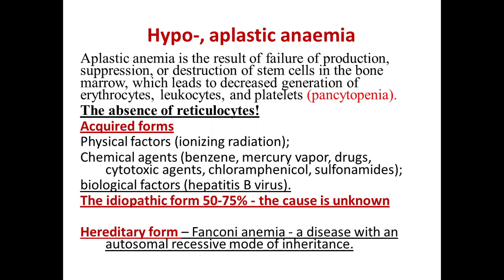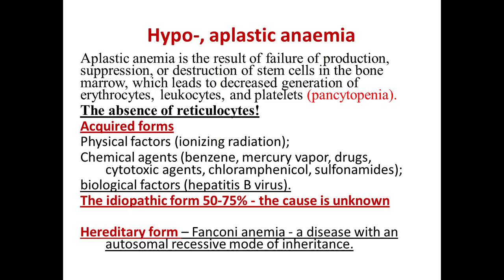So we can find that in this type of anemia, not only erythrocytes are decreased, but also leukocytes and platelets. And this state we call pancytopenia. Also, we can find the absence of reticulocytes. In this case, it will be aplastic anemia.